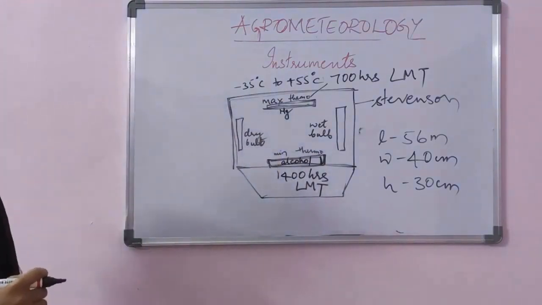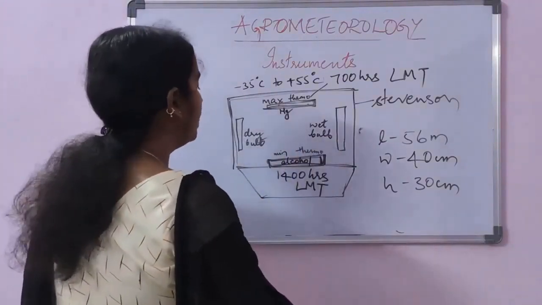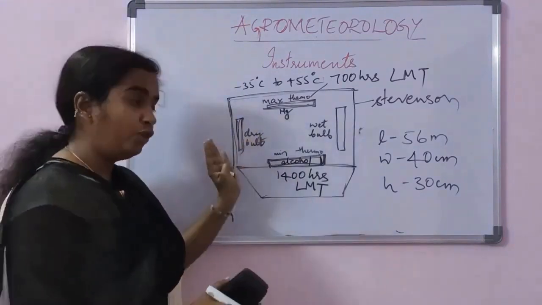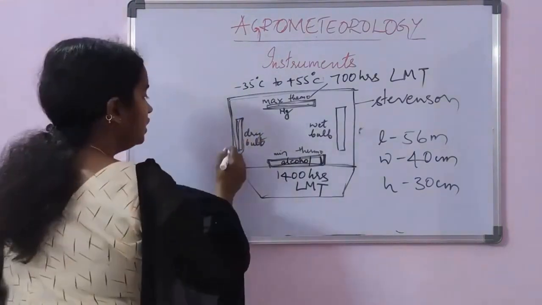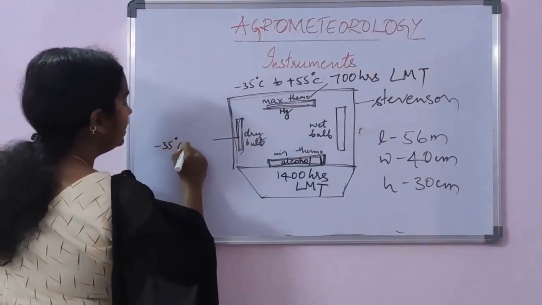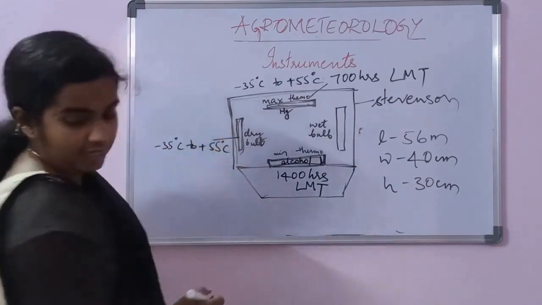Now let us study the dry bulb thermometer and the wet bulb thermometer. The dry bulb thermometer will be kept on the left of the Stevenson screen, and this also measures the temperature between minus 35 degrees Celsius to plus 55 degrees Celsius.